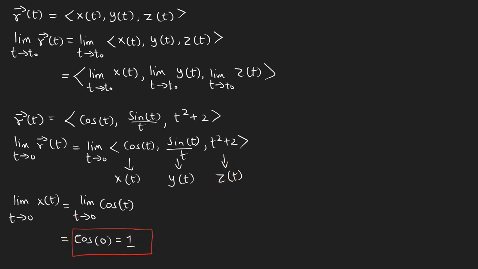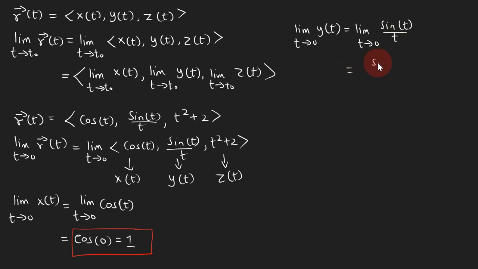Let's do the same for the second component function, which will be the limit as t approaches 0 for y of t. This will be equal to the limit as t approaches 0 for sine of t divided by t. Let's try direct substitution here.